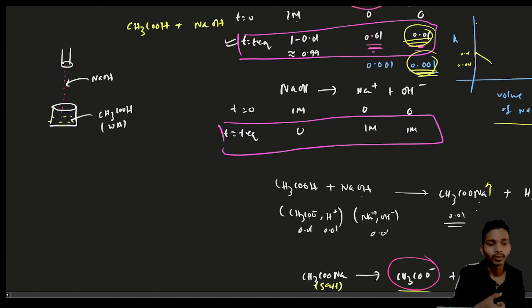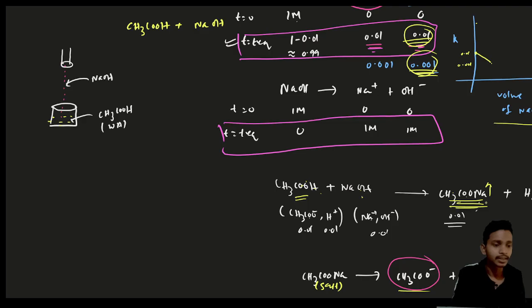So in the solution, CH3COONa is there and CH3COOH is there, and you are adding NaOH. Then NaOH will react with which one? Obviously this base reacts with the acid only, not with CH3COONa. So it again reacts with the acid, although very little, but it will react. Again this is forming, so continuously this is increasing.